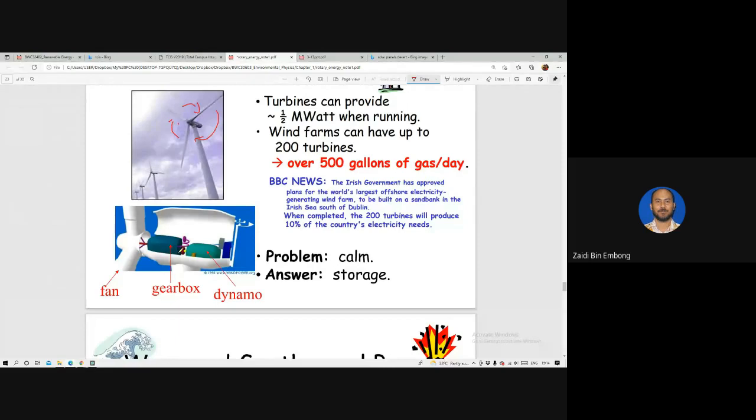Behind there, we have the motor and the gearbox, a very huge gearbox. From this gearbox, we have the dynamo behind here. The gearbox rotates, and then the dynamo produces electricity by using induction. In physics, you know induction. What is induction?